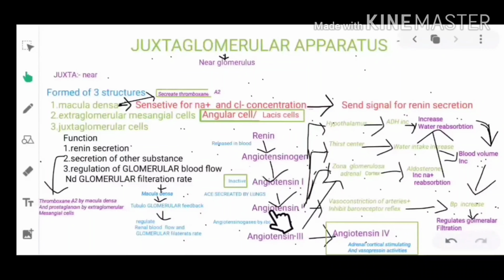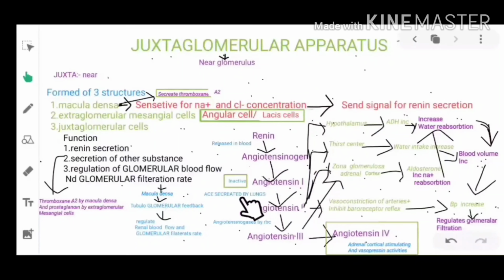Now this angiotensin 2 is converted into angiotensin 3 by angiotensinase enzyme by RBC. Now angiotensin 3 is converted into angiotensin 4. So angiotensin 2, 3 and 4 are active and they affect various parts of our body.